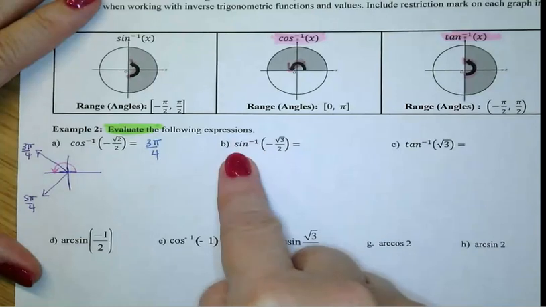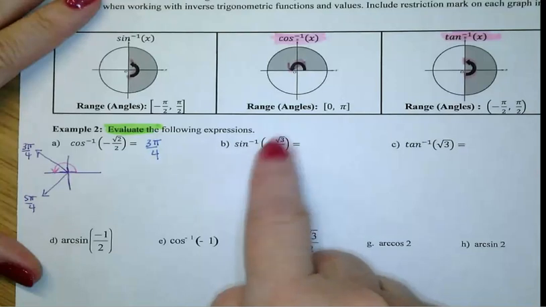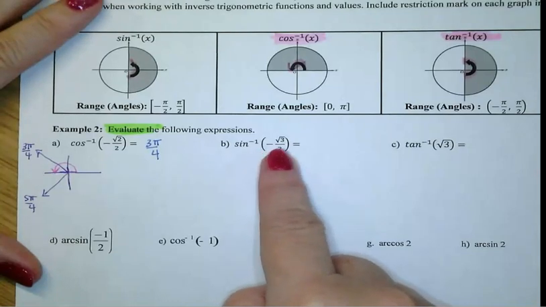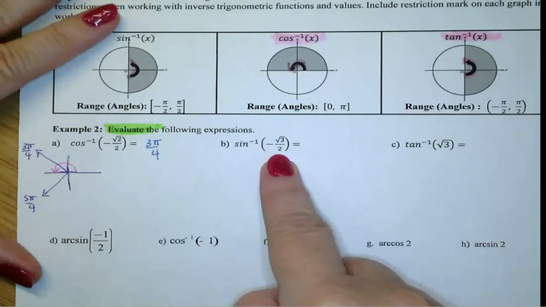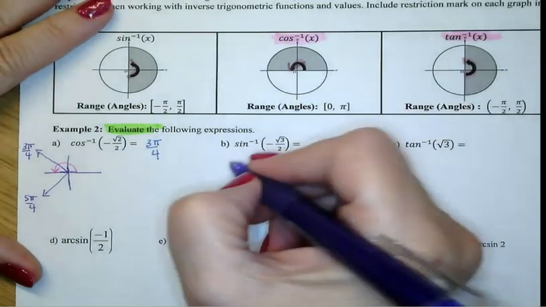So now we're looking at an arc sine, or sine to the negative 1, of negative root 3 over 2. So we're saying what angle could have a value that's negative root 3 over 2 within the restricted area. So here's my axis.